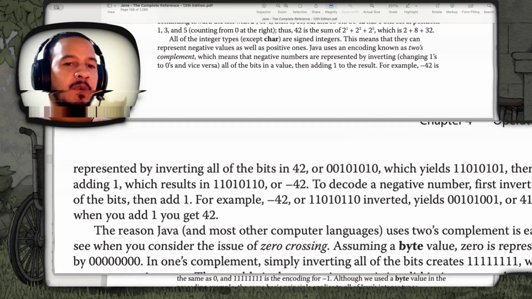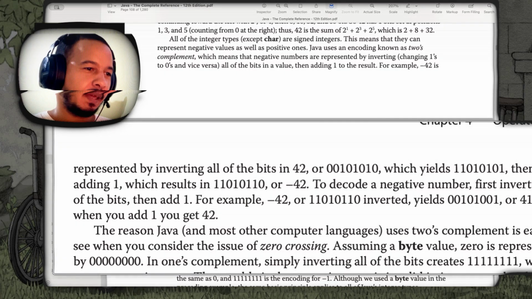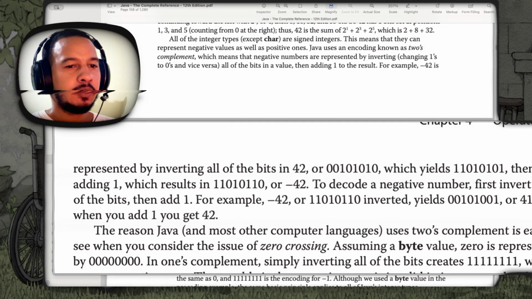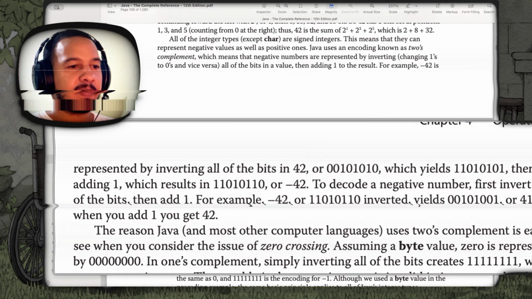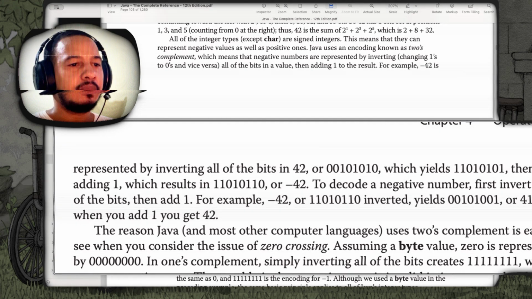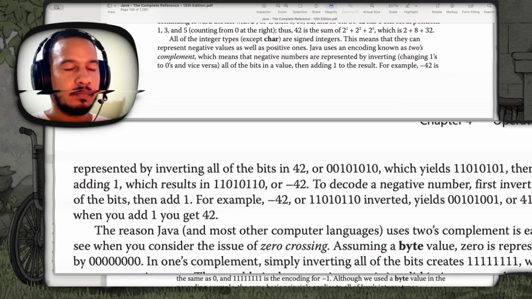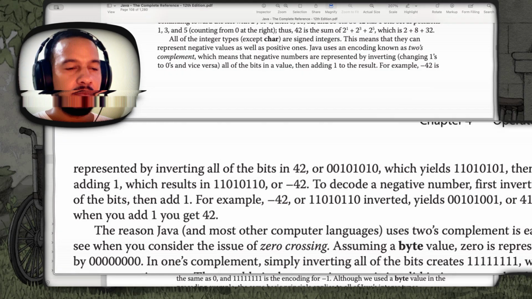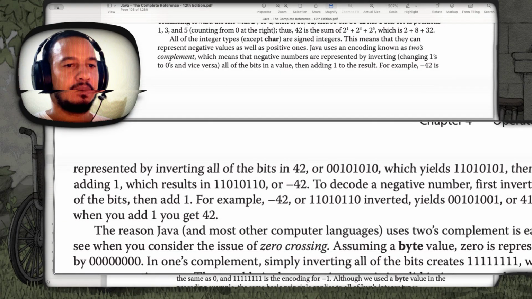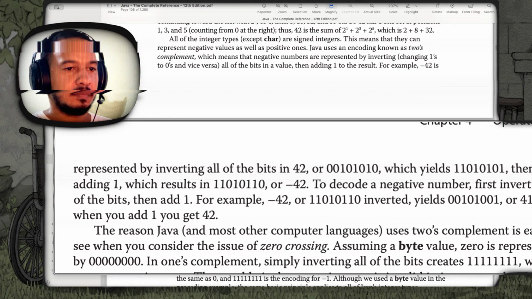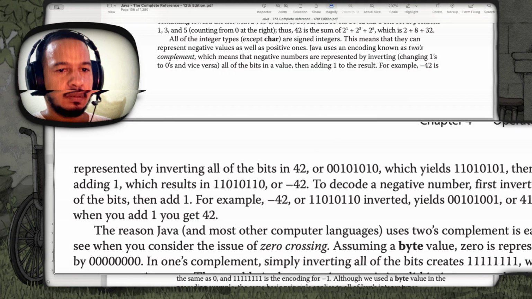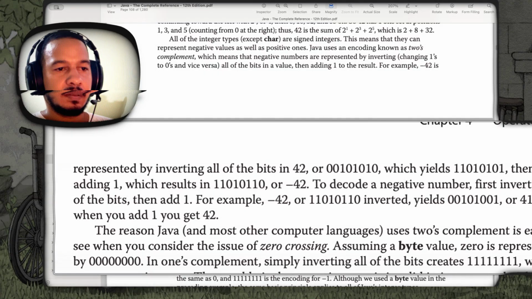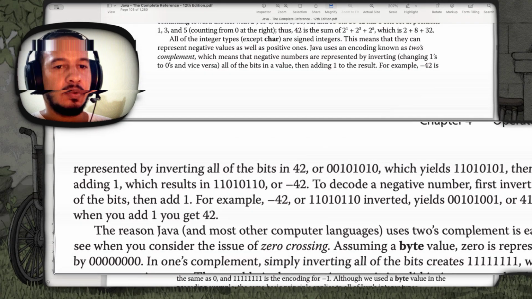To decode a negative number, first invert all of the bits, then add 1. For example, negative 42, or 1, 1, 0, 1, 0, 1, 1, 0, inverted yields 0, 0, 1, 0, 1, 0, 0, 1, or 41.